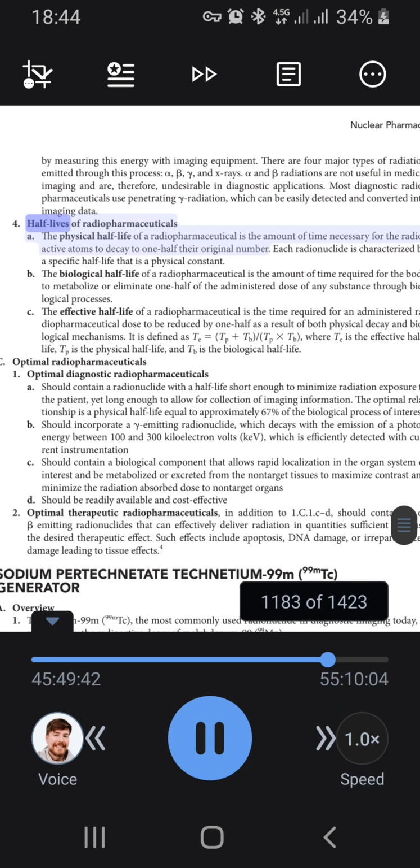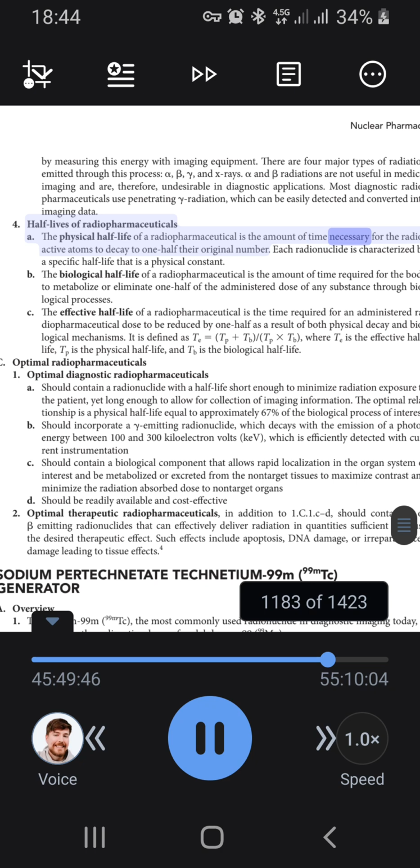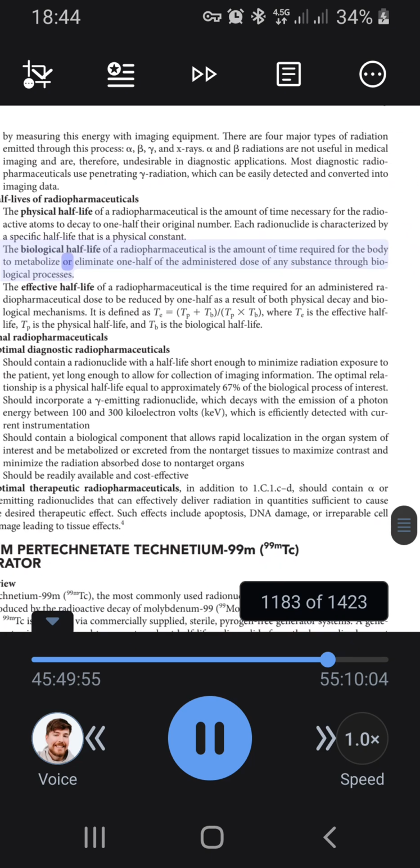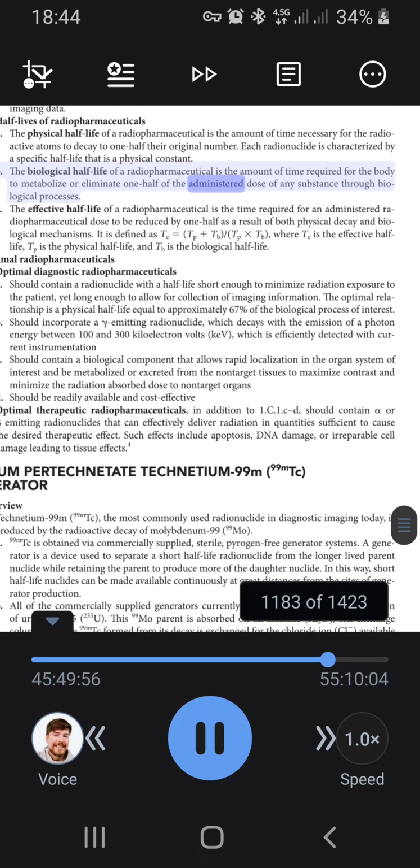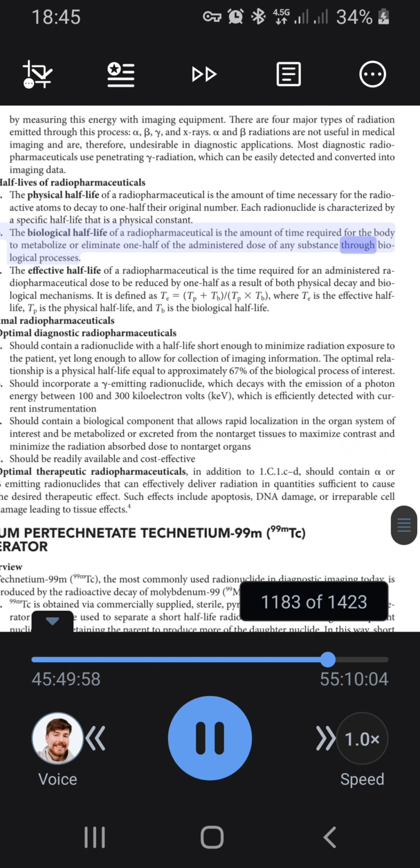4. Half-lives of radiopharmaceuticals. A. The physical half-life of a radiopharmaceutical is the amount of time necessary for the radioactive atoms to decay to 1/2 their original number. Each radionuclide is characterized by a specific half-life that is a physical constant. B. The biological half-life of a radiopharmaceutical is the amount of time required for the body to metabolize or eliminate 1/2 of the administered dose of any substance through biological processes.